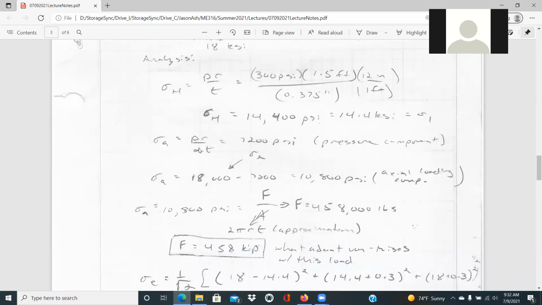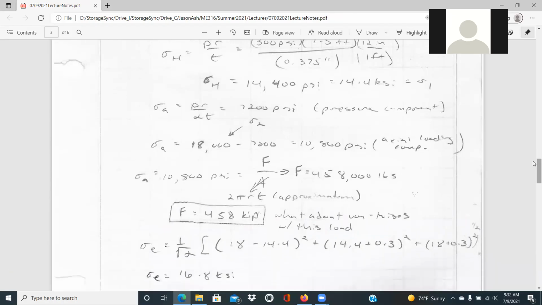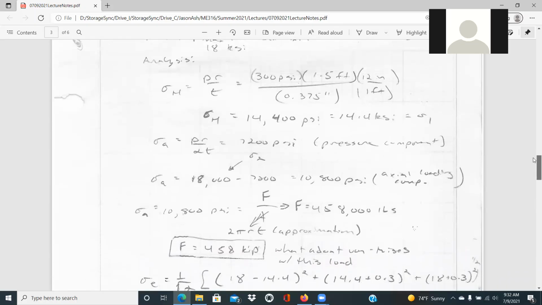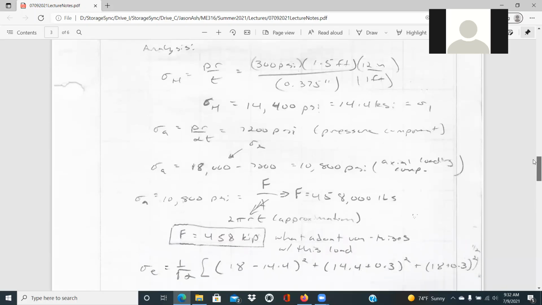Sigma axial is PR over 2T. And that's just equal to the hoop stress divided by 2. And so 7,200 PSI for that axial stress component from the pressure side of things. And so that shows you the two stress states caused by the pressure.